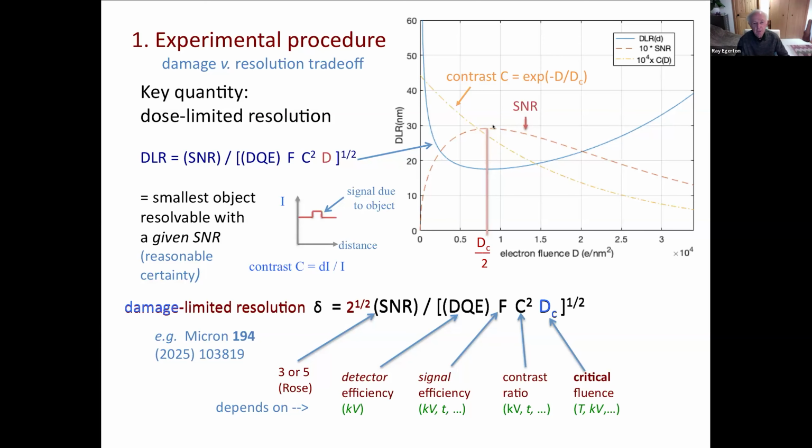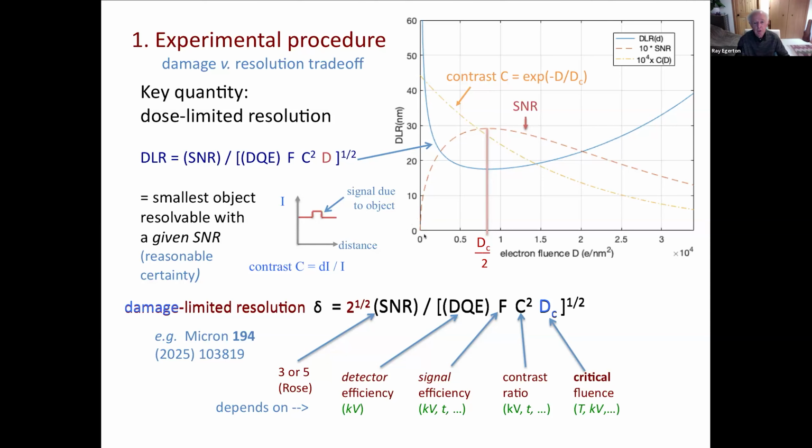The signal in this case is the change in intensity in the image as we go through a particular feature in the sample. And the noise arises from the background here. Our electrons are detected as individual particles, and therefore we have statistical noise. When we have a small number of particles, then that noise is a large fraction of the total signal.